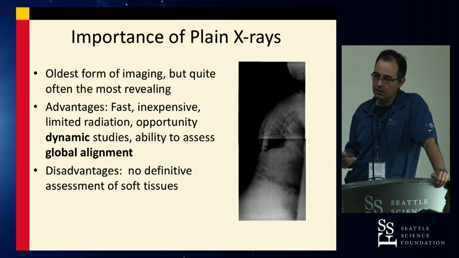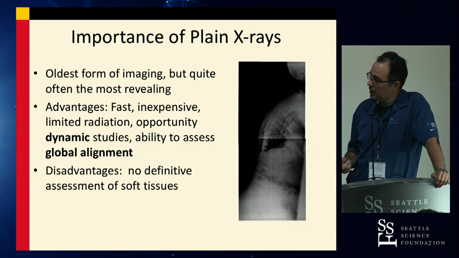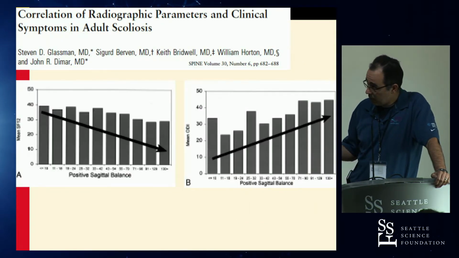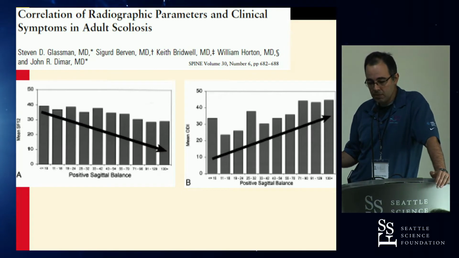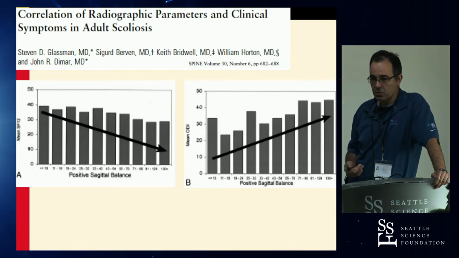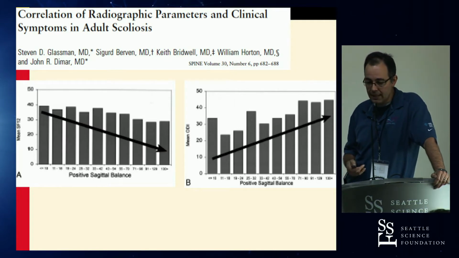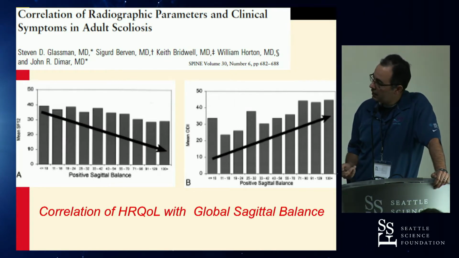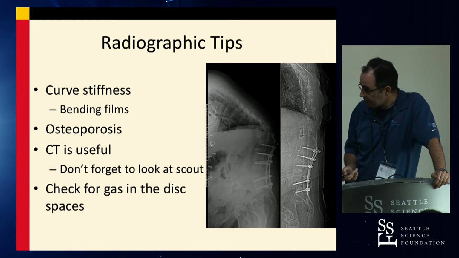When you're supine, you can determine flexibility. And very importantly, we know through Glassman's study that x-rays are the mechanism through which we assess a patient's sagittal balance and calculate all of our pelvic parameters and pelvic tilt. This is very, very critical.